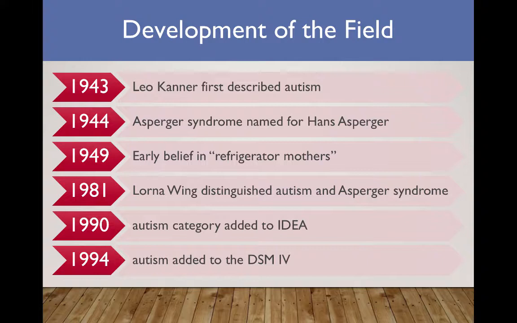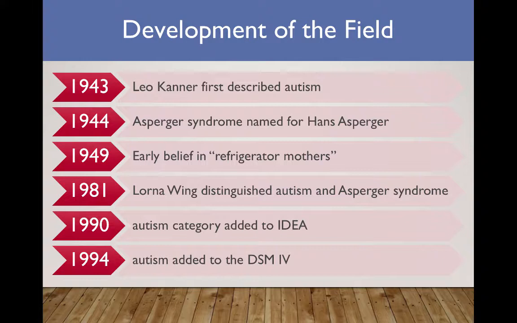And we know from our first chapter that the first federal law, the Education for All Handicapped Children Act, occurred in 1975. So you'll see that we did not really separate out autism as a category until 1990 when we renamed the law as the Individuals with Disabilities Education Act, and in that time added two categories of disability to the original 10.